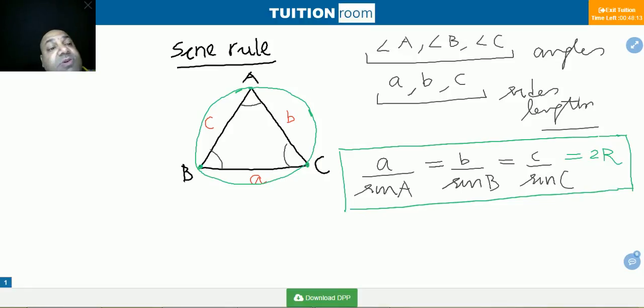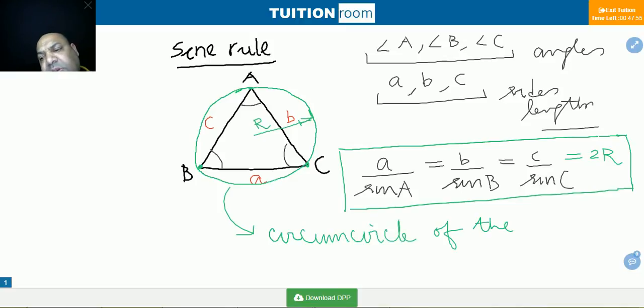The radius of this circle is known as capital R. This circle is known as the circumcircle of the triangle ABC.